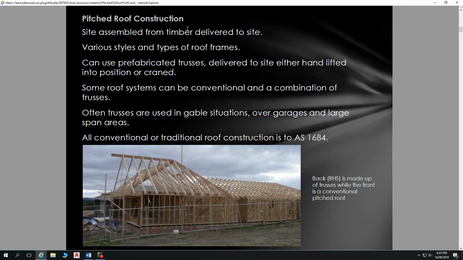So all conventional or traditional roof construction is done to Australian Standard 1684. That is the Australian standard that governs how the roof's timber or any timber structure is designed, or how timber structures are typically designed for residential construction.